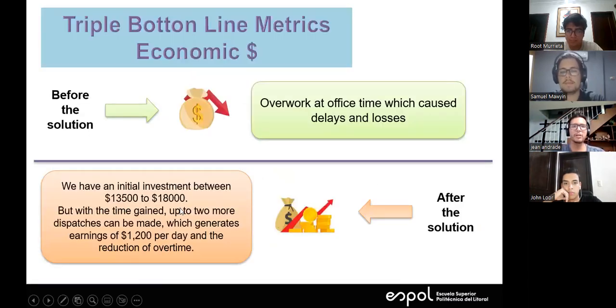For the triple bottom line, in the economic line, before the solution, we have a lot of overtime and dispatches that we cannot do in the same day. After the solution, we do more dispatches in the same time, so we can earn approximately $1,000 per day.